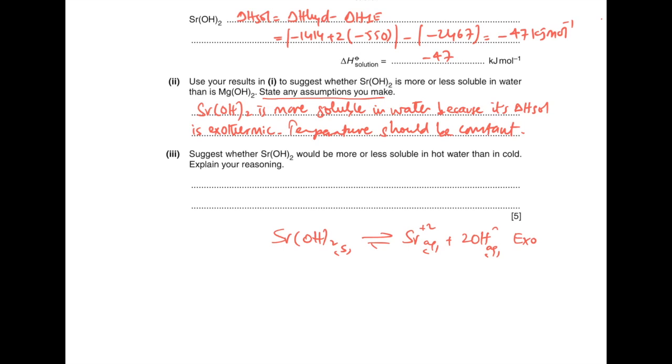I think that in hot water, the system will go backward and it will be less soluble, because if the reaction is exothermic, it should favor low temperatures. So strontium hydroxide will be more soluble in cold water and less soluble in hot water.